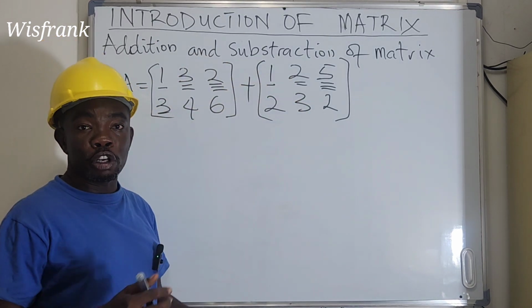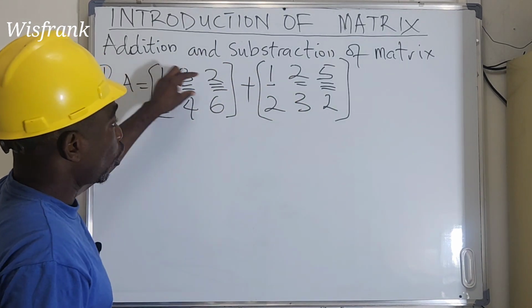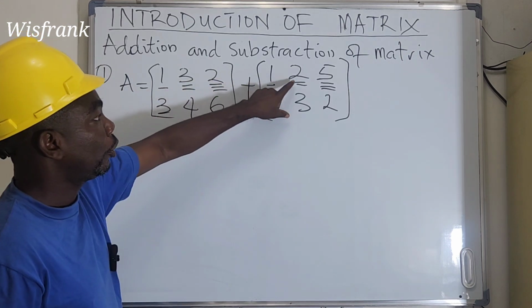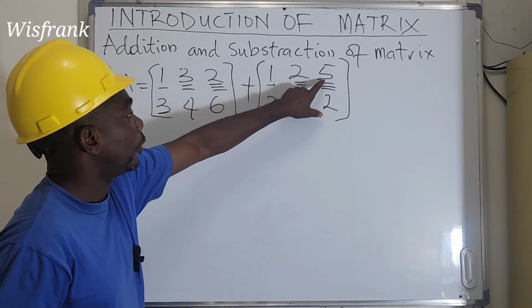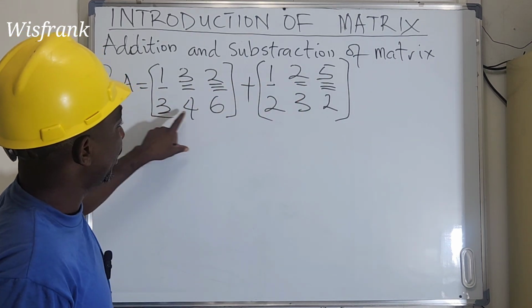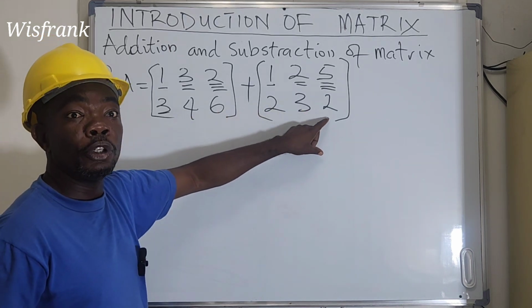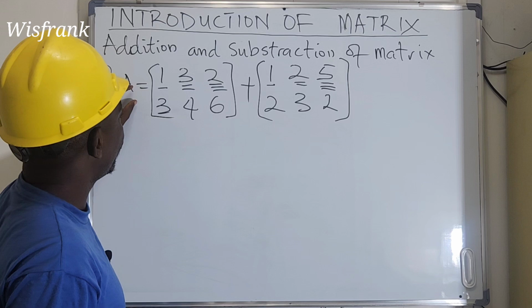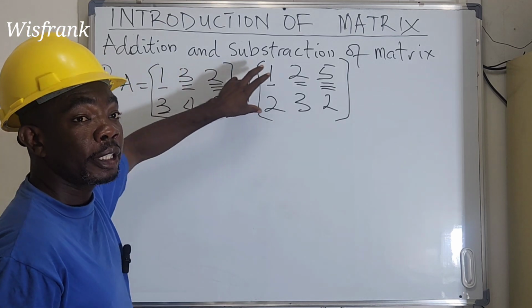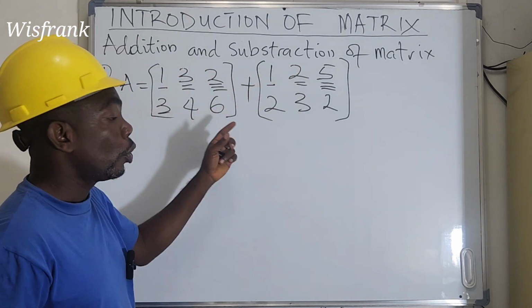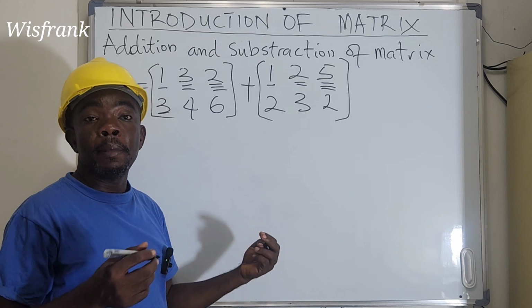These are called corresponding elements. So 1 corresponds to 1, 3 corresponds to 2, 2 corresponds to 5, and also 3 corresponds to 2, 4 corresponds to 3, and 6 corresponds to 2. So to add these two matrices, we need to add the corresponding elements.